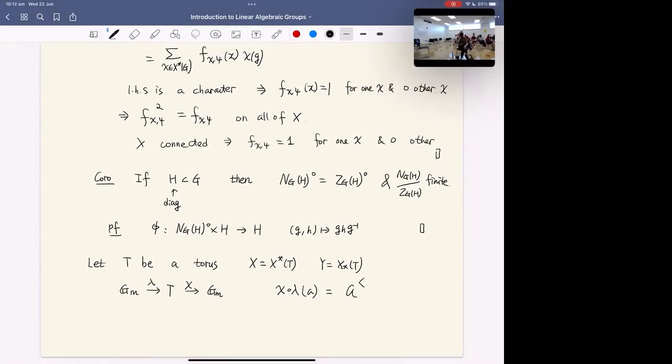We denote that integer to be the pairing of chi and lambda, so the pairing of chi and lambda is in Z. A little lemma is that this pairing defines a perfect pairing between X and Y.